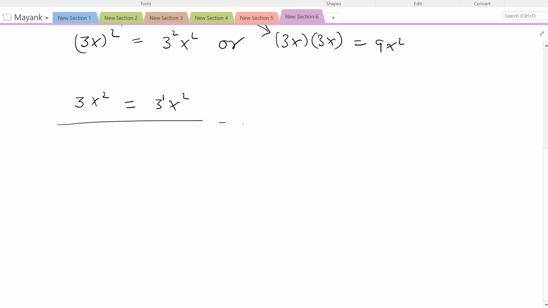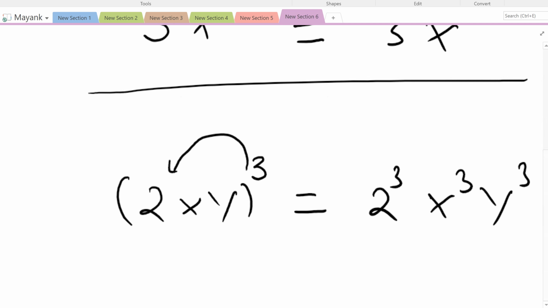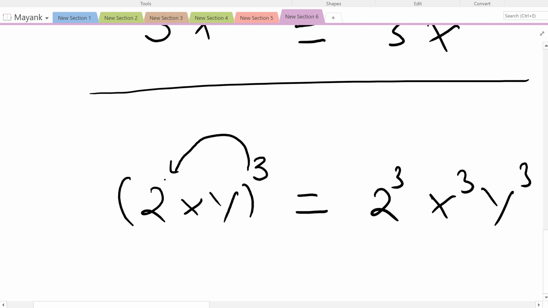We can have powers like cube, 2x, y cubed. That means cube means third power. So you're gonna raise 2 by 3, x by 3, and y by 3. You distribute this power on all of them. And what is the power of 2? That is just 1.